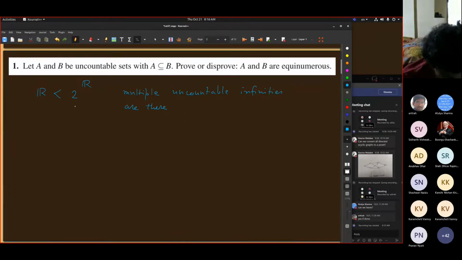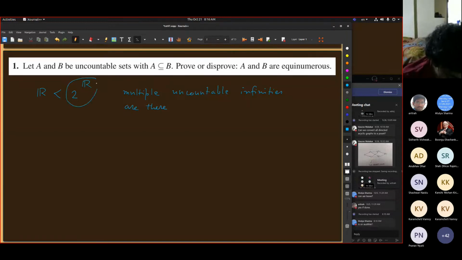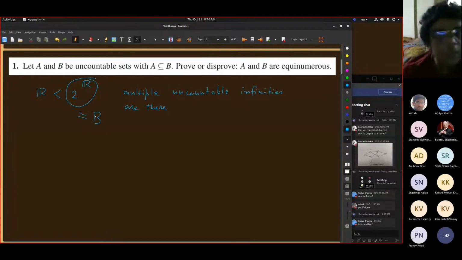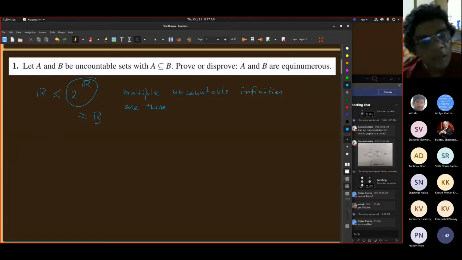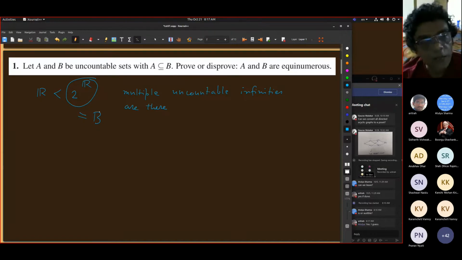In any case, I take 2 power R as B. So shall I take A as R? Is it a good thing? No, sir. Because elements of R are individual real numbers, whereas elements of B are sets of real numbers.